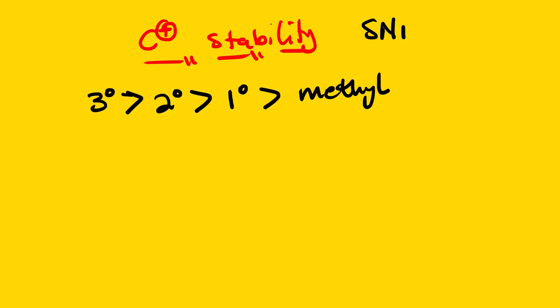Under SN1, tertiary alkyl halides are very stable and work best. Also, SN1 is not favorable to vinyl and aryl halides. So those two, vinyl halide and aryl halide, do not go through SN1 or SN2 mechanisms.